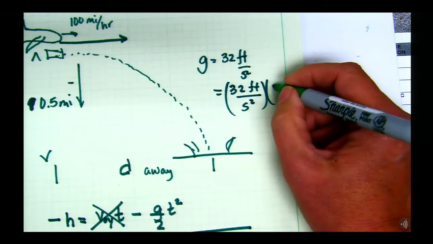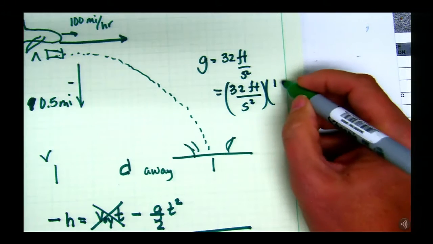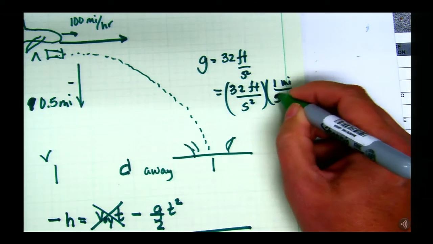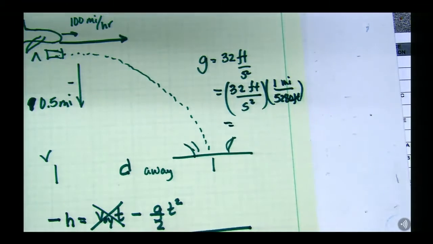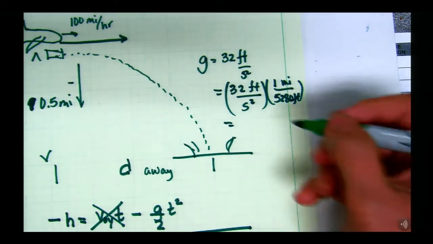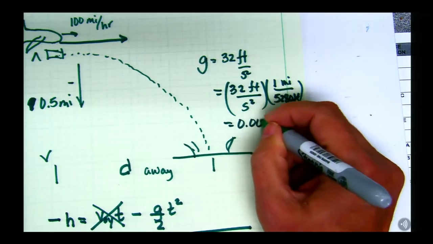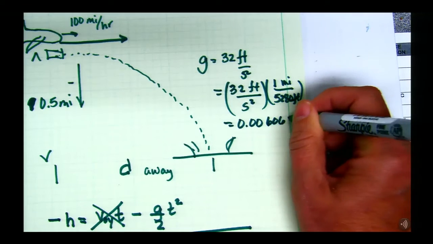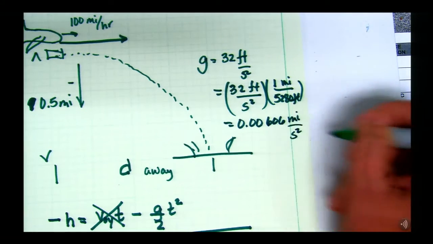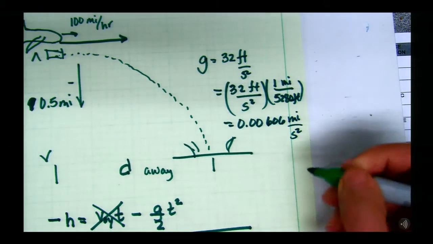I have 1 mile is 5280 feet. My acceleration due to gravity in miles per second squared is 32 divided by 5280, which is 0.00606, and this is miles per second squared. I probably need it in hours, right?